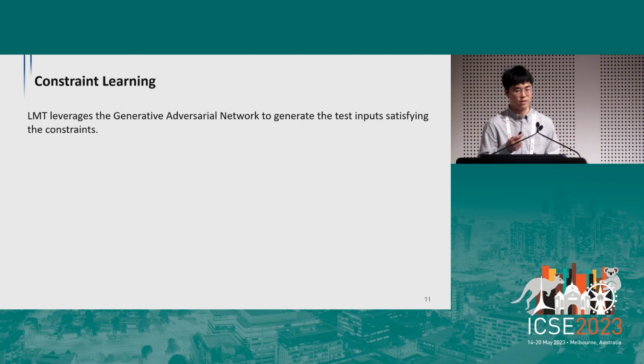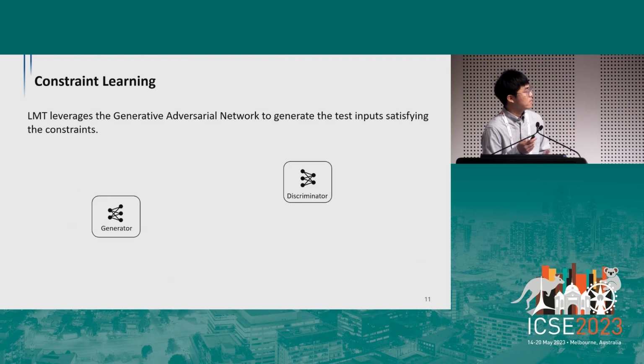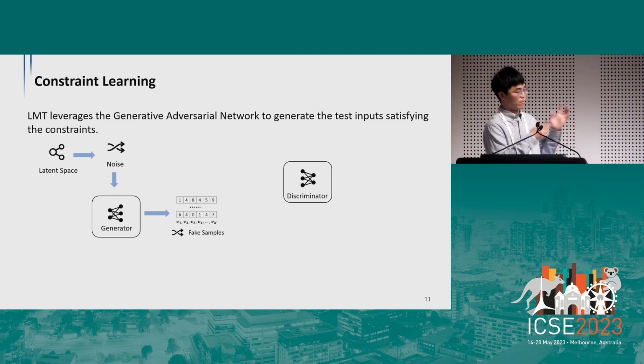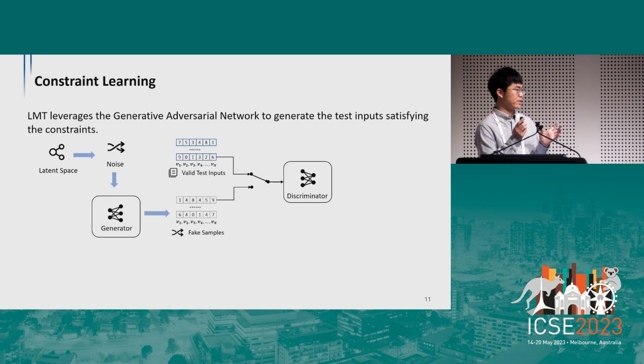We also studied the influence of the parameters. In constraint learning, we use GAN to learn the implicit constraints. GAN has two parts, the generator and the discriminator. The generator takes random noise as input and generates a fake sample. Then the fake sample is combined with the valid test input, and they are passed into the discriminator.